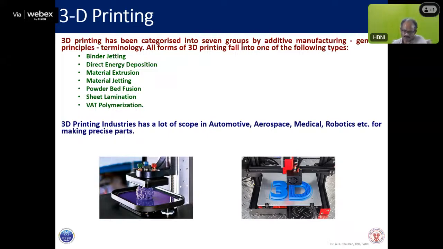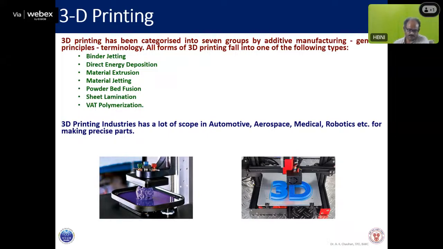All forms of 3D printing fall into one of the following types: binder jetting, direct energy deposition, material extrusion, material jetting, powder bed fusion, sheet lamination, and vat photopolymerization.